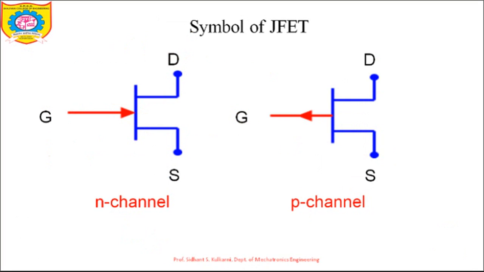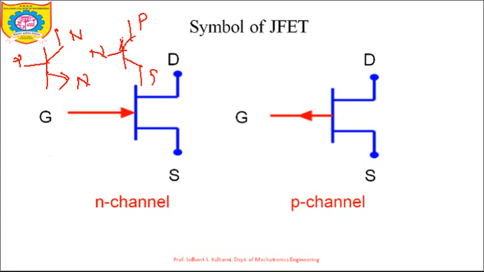Now look at the symbol. If you remember, I will just draw the symbol of a transistor. This is the NPN transistor, and there is another called PNP, where this is the emitter. The arrowhead in these symbols represents the direction of conventional current flow.